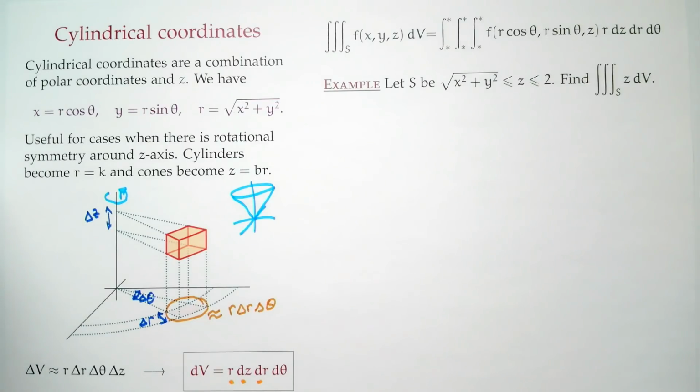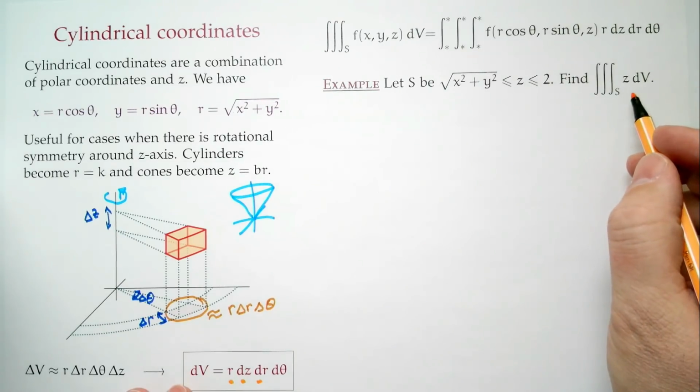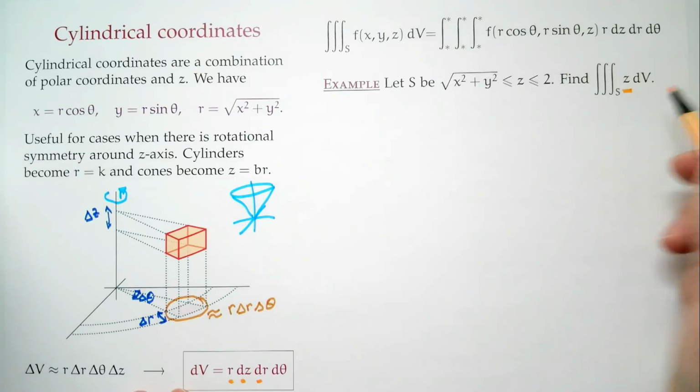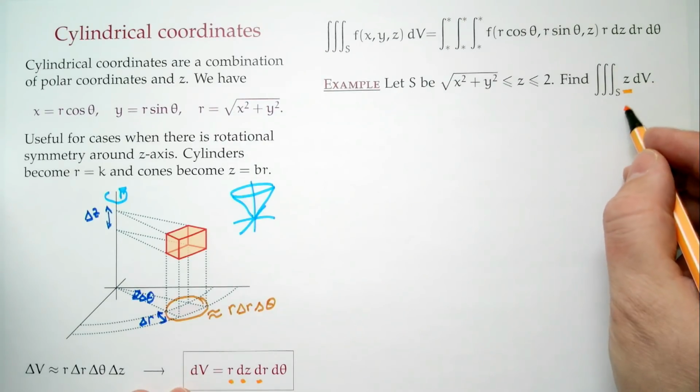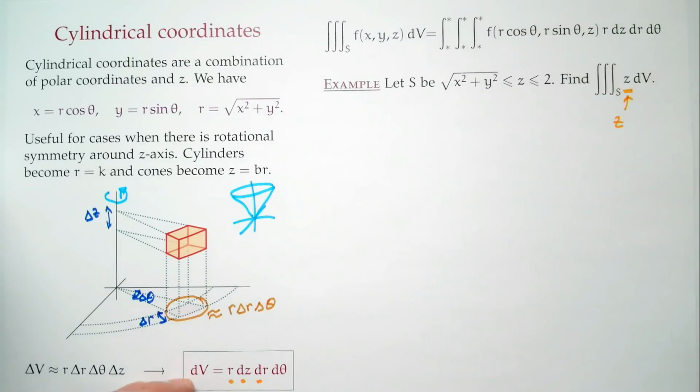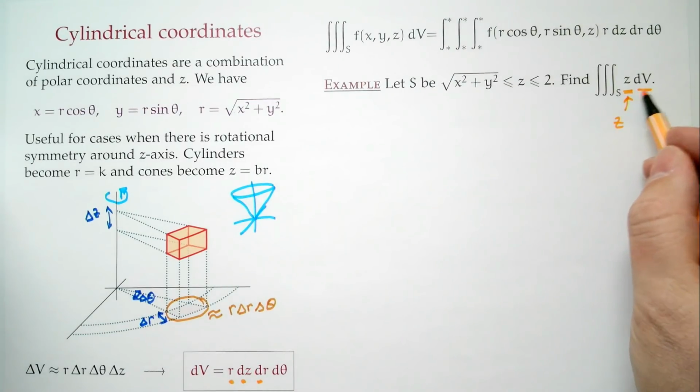So we have to figure a couple things out. Let's start with our function. That's probably the easiest thing. What will z become in terms of cylindrical coordinates? Yeah, z will become z, because z is part of the cylindrical coordinate system, measuring how far off you are from the xy plane. The dV, what will that be?